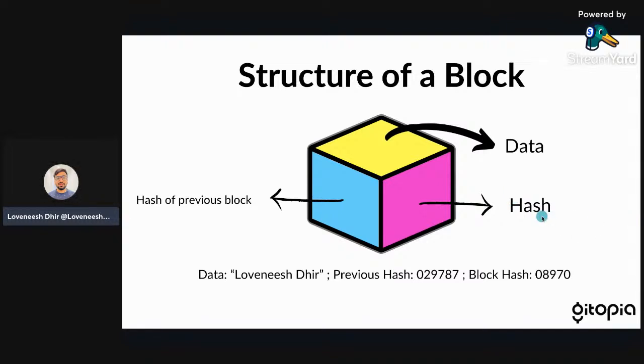Data can be anything, and the previous hash is the fingerprint, or we can say the address, of the previous block, and the block hash is the fingerprint, or address, of the current block in a chain.